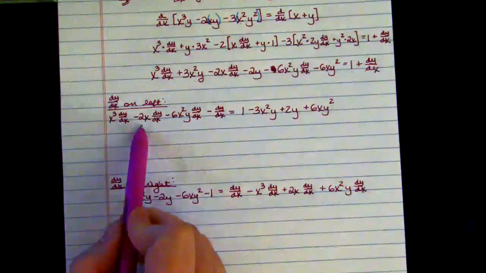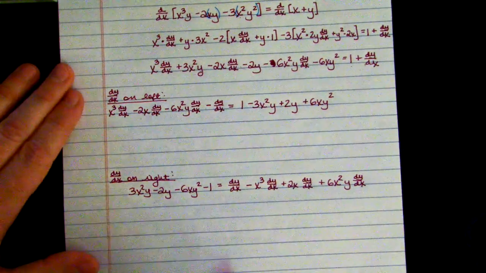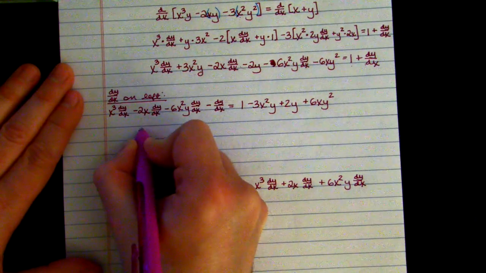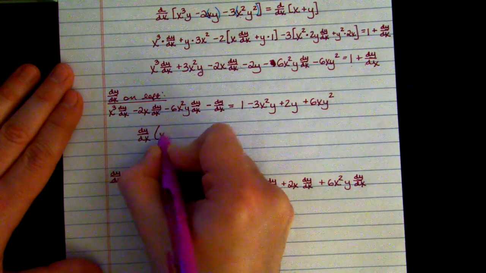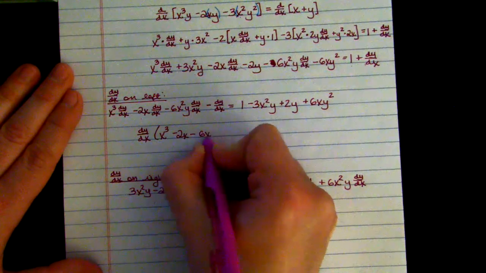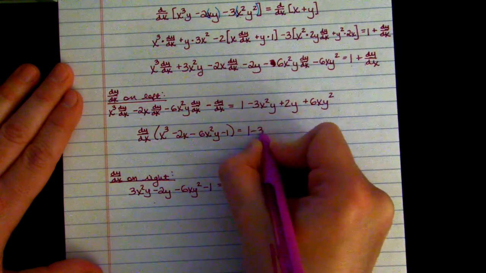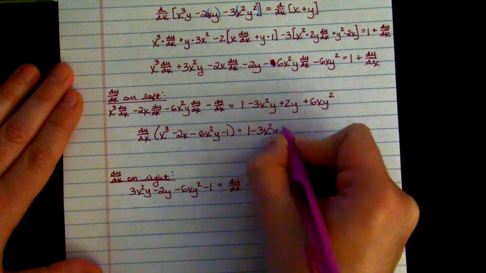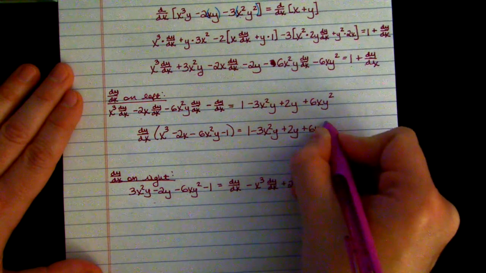You should have either this or this. I'm now going to factor out my dy/dx's in both of these versions. If you put dy/dx on the left, you're getting dy/dx times (x cubed minus 2x minus 6x squared y minus 1) equals 1 minus 3x squared y plus 2y plus 6xy squared.